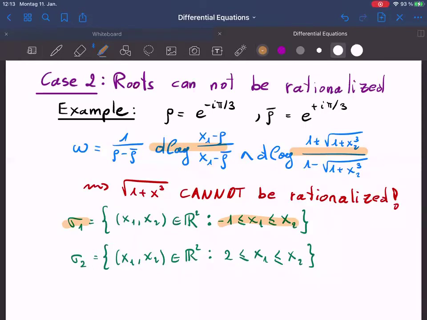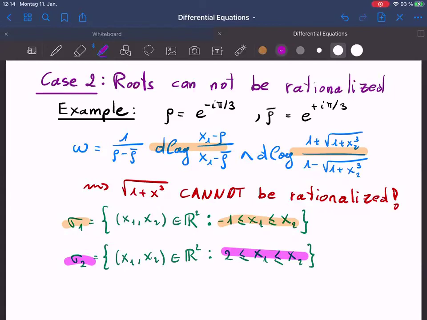And sigma 1 is the iterated integral of omega, which has two pieces, omega 1, omega 2, over the line segment from -1 to infinity. That's what it means. While I also consider another region, which is sigma 2, which is the same thing, except that I don't start integration from -1, I start integration from 2.